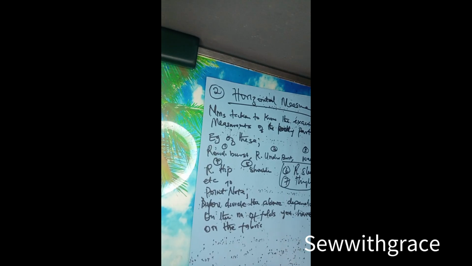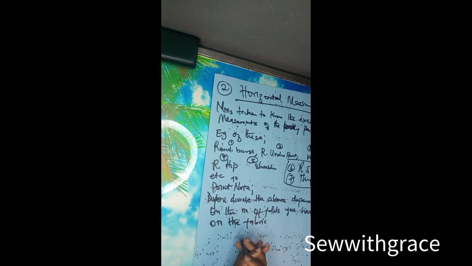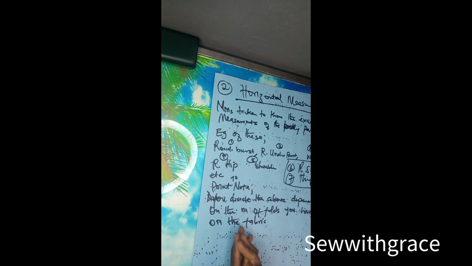So if you are folding into 4, that means we are going to be dividing our bust into 4, under bust, waist, and all of them. So that with this you can do a proper measurement. But if you are having an issue with what I just stated, please let me know where to come in and what you want me to put you through or talk about, okay?